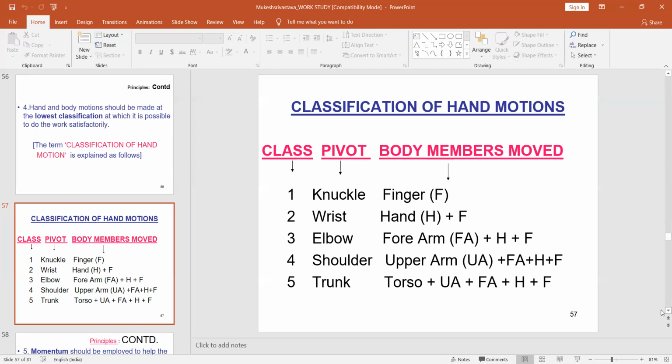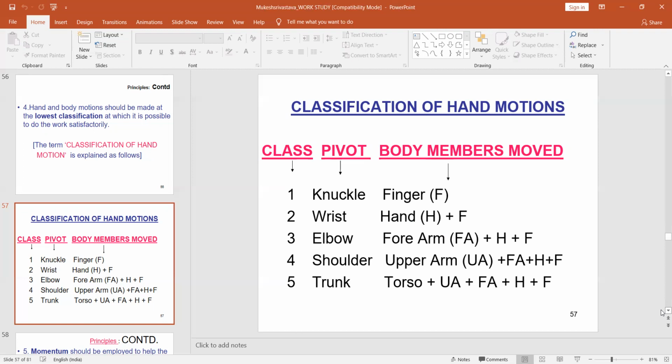And finally, the trunk motion, that is we use our torso. The torso means the upper shoulder portion. Trunk motion means the torso, the upper arm, the forearm, the hand and the finger: all are parts of the body used in simultaneous motion.